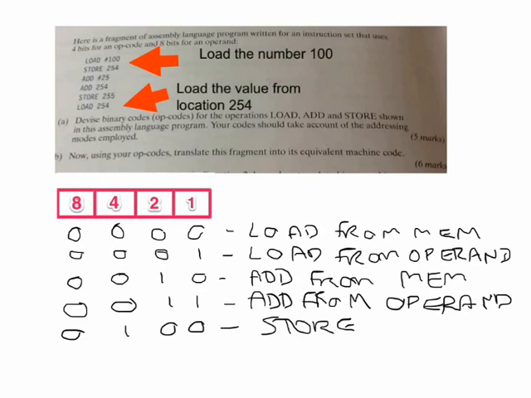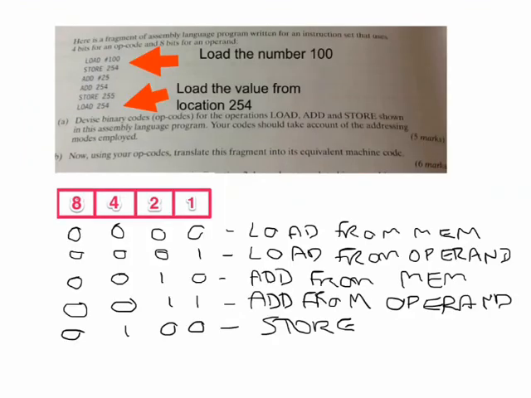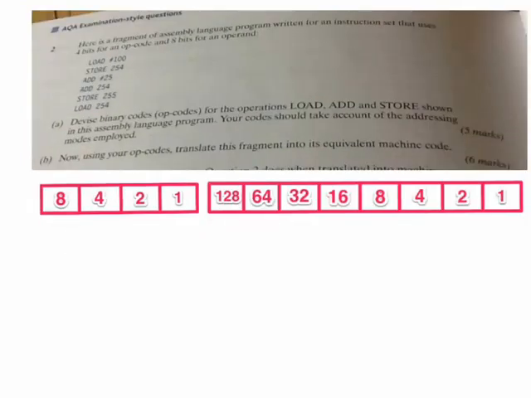So we're wanting to load the number 100 first. That's the first thing that we've got to do. And we've got our 4 bits for our opcode and then the 8 bits to represent the operand. So in this case we're wanting to load the operand. Load the operand is 0001.